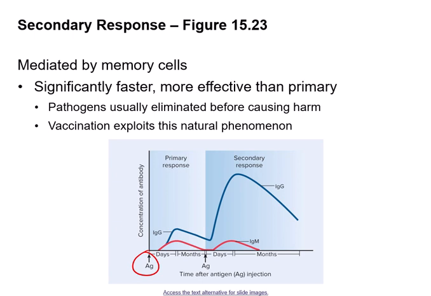Memory cells were there already. So the IgG molecule level increases significantly in a matter of a couple of days. And then the IgM level also increased quite significantly within days, not months, a much shorter period of time. This is the kind of thing that we see in vaccination as well.